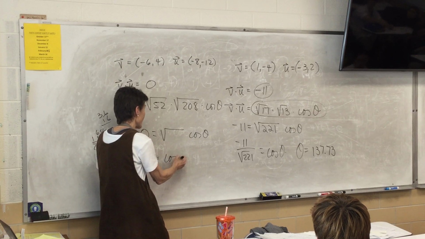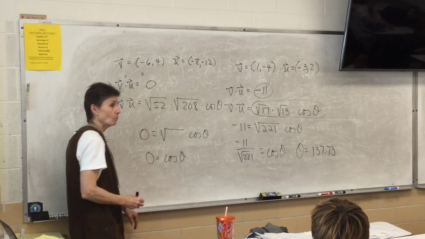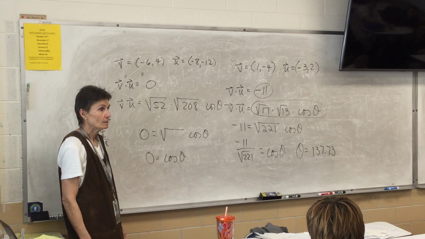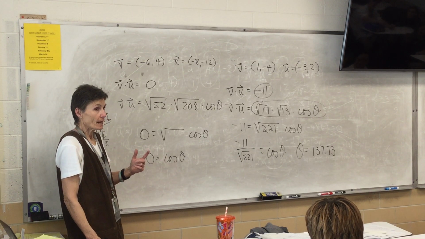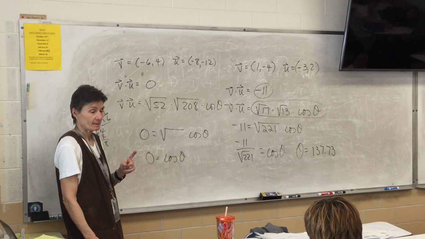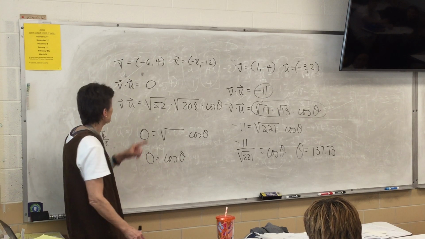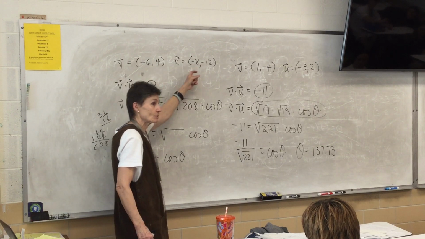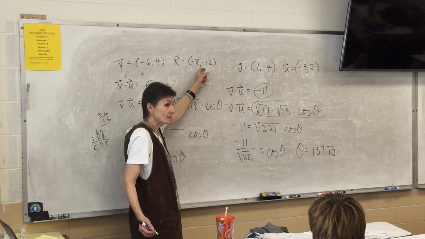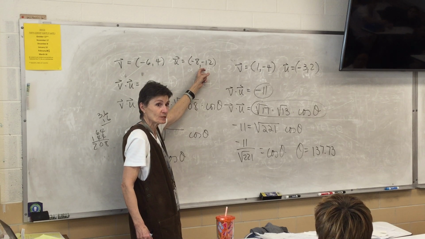So she'd have been okay. What angle has a cosine of 0? 90. Okay, now wait a minute, that means that these two vectors are perpendicular to each other. The angle between them is 90, so they're perpendicular to each other.